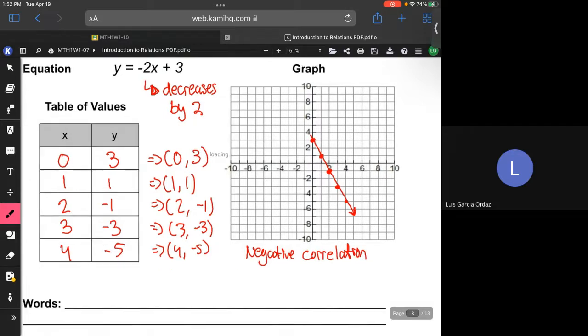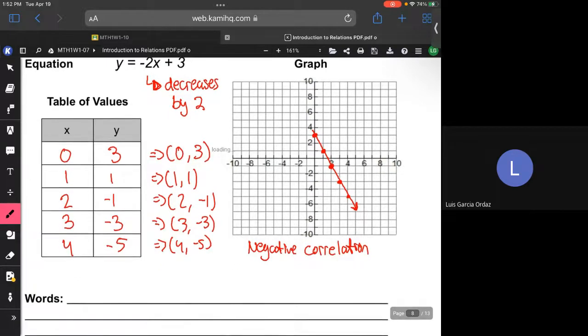So a word problem can be, let's say, let me see, what can I come up with? This is weird.